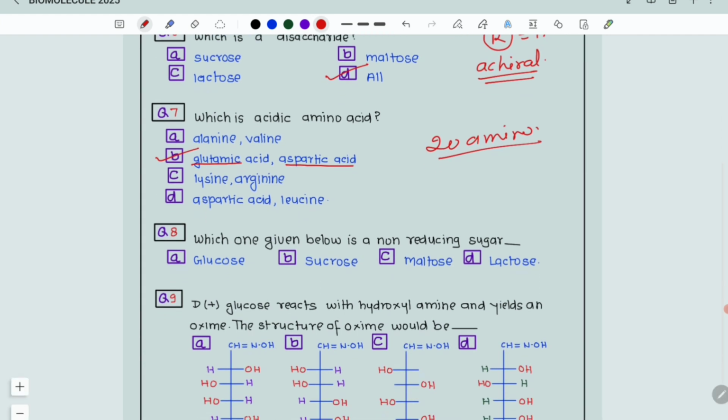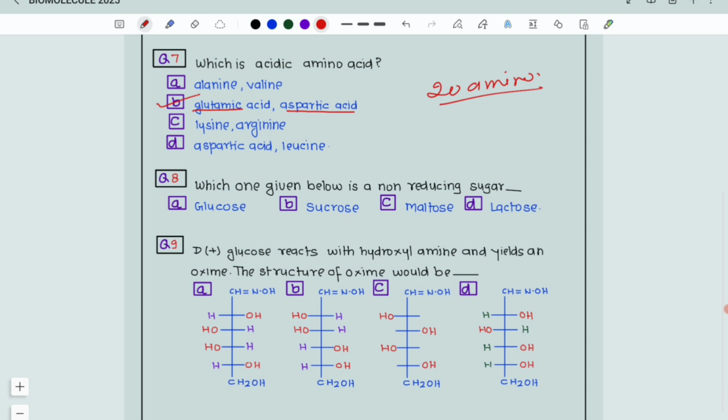If we see the next question, which one given below is a non-reducing sugar? Here glucose, maltose and lactose are reducing sugars, and sucrose is not a reducing sugar. So our correct option is sucrose.